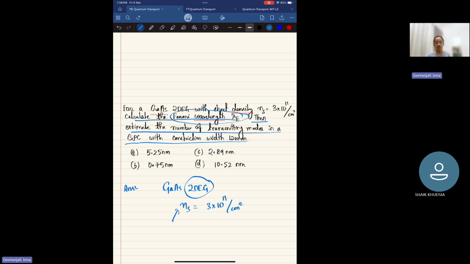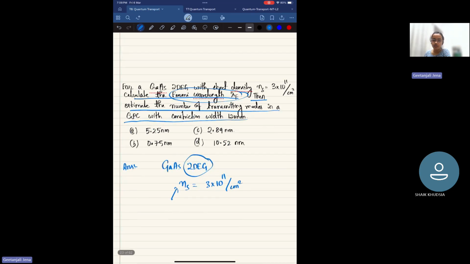Okay, so let me go through the steps. If you see the question, the clue is already given. It is a two-dimensional electron gas, right? And for the Fermi wavelength, what do we need? We need the wave vector, because the Fermi wavelength is related to the wave vector by the formula 2 pi by k. So all we need is what is k for this system.